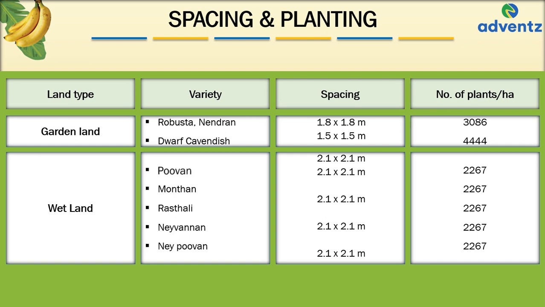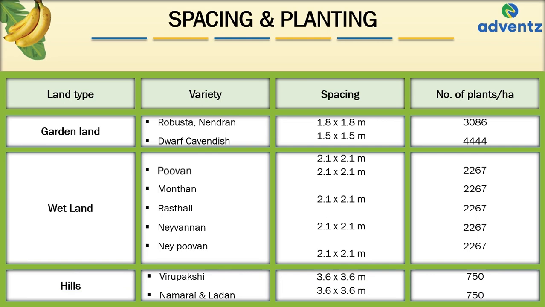For the banana varieties growing in hill, the varieties Virupakshi, Namarai and Ladan, the spacing requirements are 3.6 x 3.6 meters and number of plants per hectare required are 750.